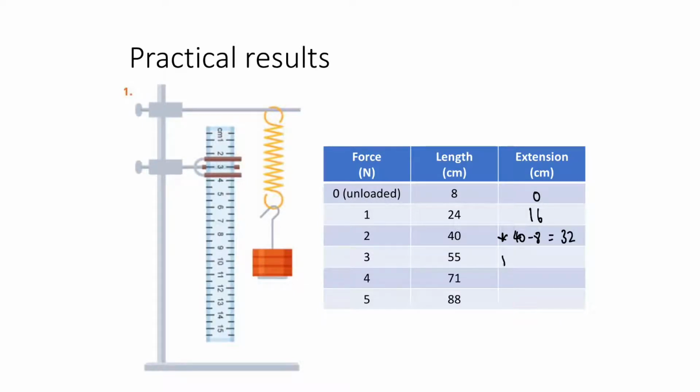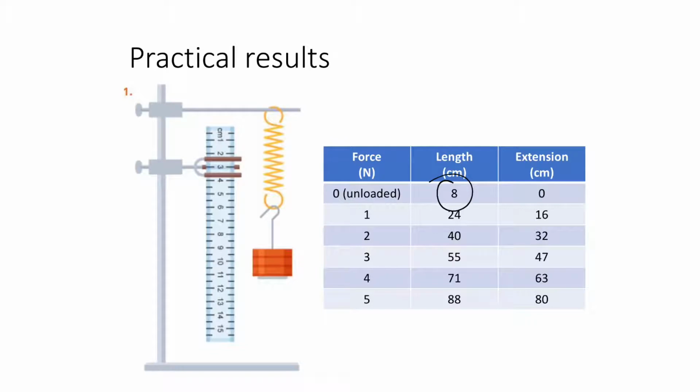And again, the next one, the new length, 55, take away the original length, which was 8. 71 minus 8, and 88 minus 8. And that gives us the answers just there. So hopefully you got those right. The key thing is that number there, the original length of the spring.